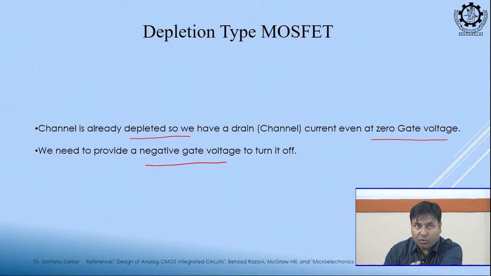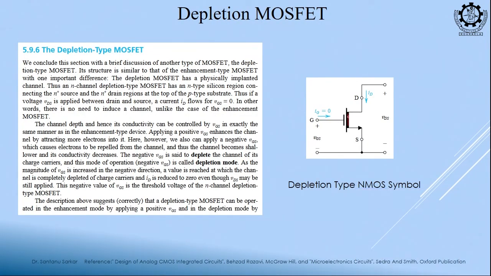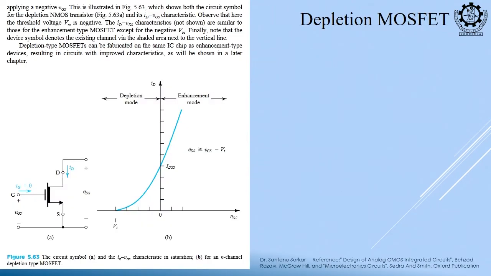In the previous case we needed to provide a positive gate voltage, above VTH, to carry a current. Here it is already there. So, the symbol is like this, a thick channel line, okay, this is depletion. And if we want to see the ID versus VGS, even at 0 VGS it flows a current, and if I want to turn it off I need to give a minus voltage. Clear?